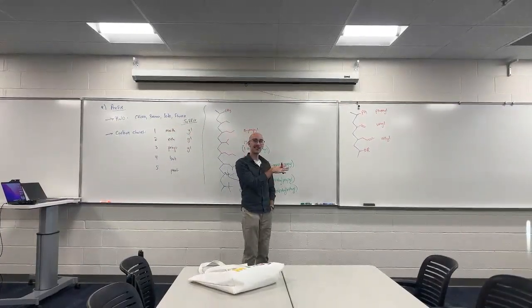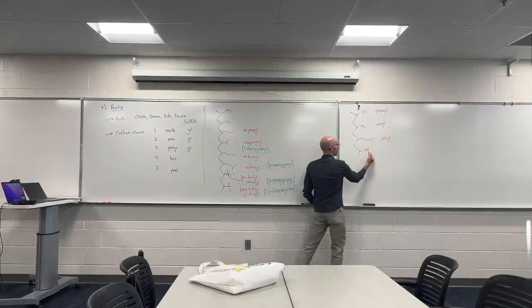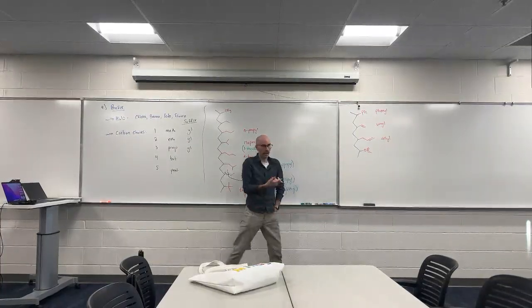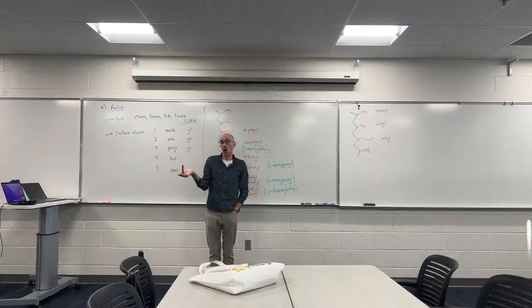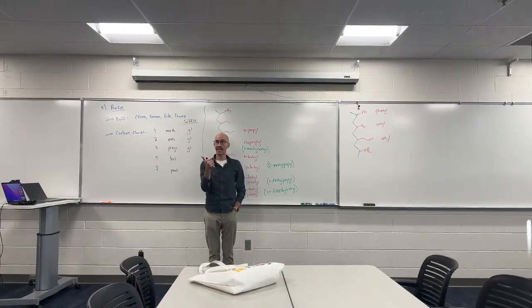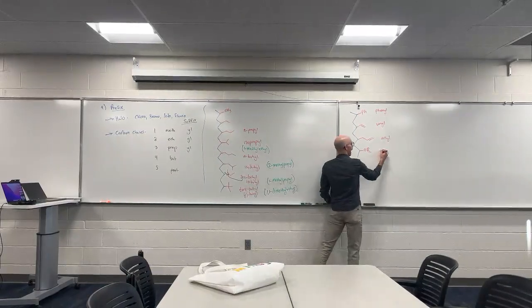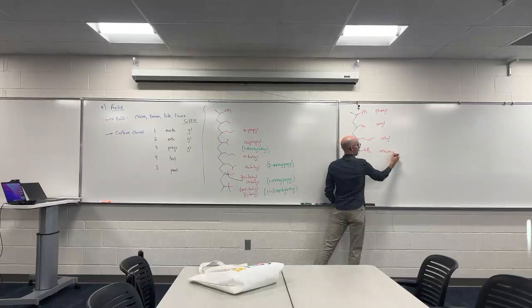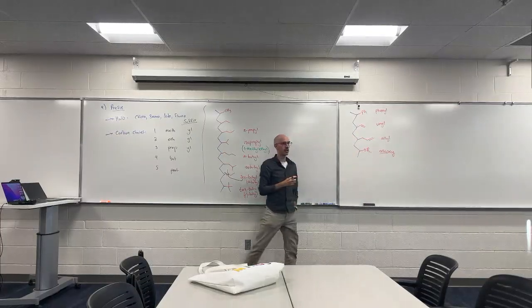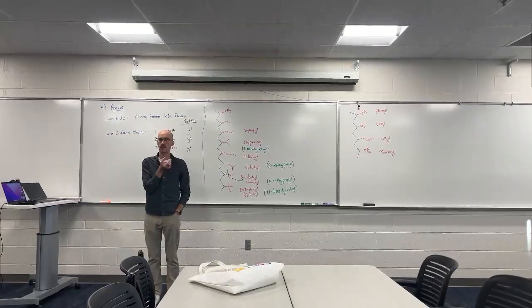If I want to name an ether as a substituent, I need to know what this is. I don't have it right now because it's R. So I can abbreviate R as alk. Remember, alkane, alkene, alkyne. This becomes alkoxy: alk for R, oxy to indicate the presence of the oxygen.